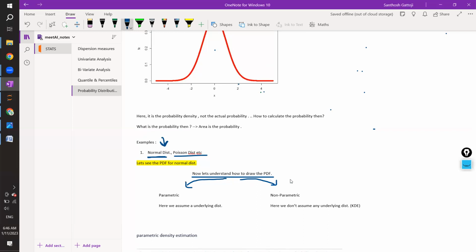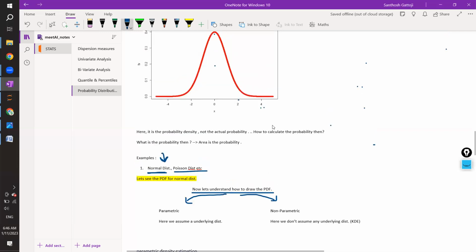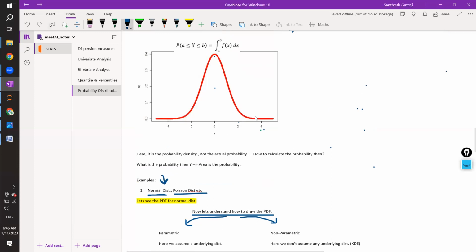I'll tell you one point. Yesterday Karthik asked this question, which is actually important for you also, Meghana. When we have discrete variables and continuous variables, for discrete we have discrete probability distributions and for continuous we have continuous probability distributions, in simple words.